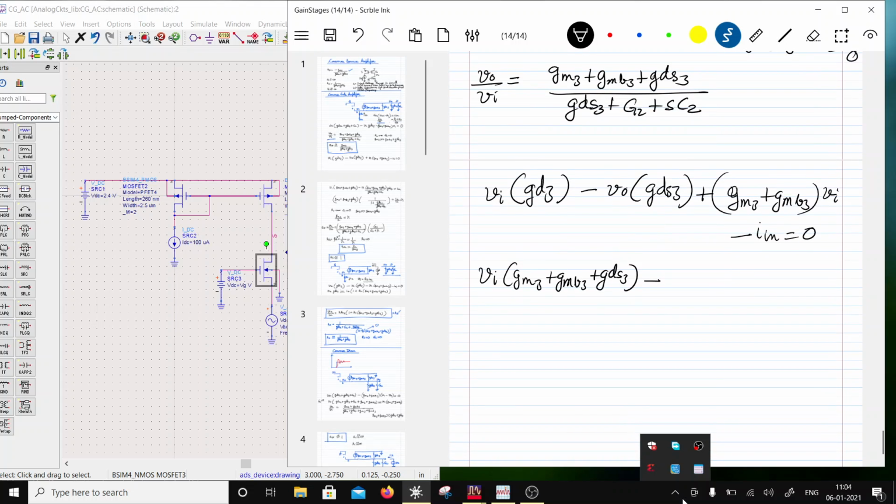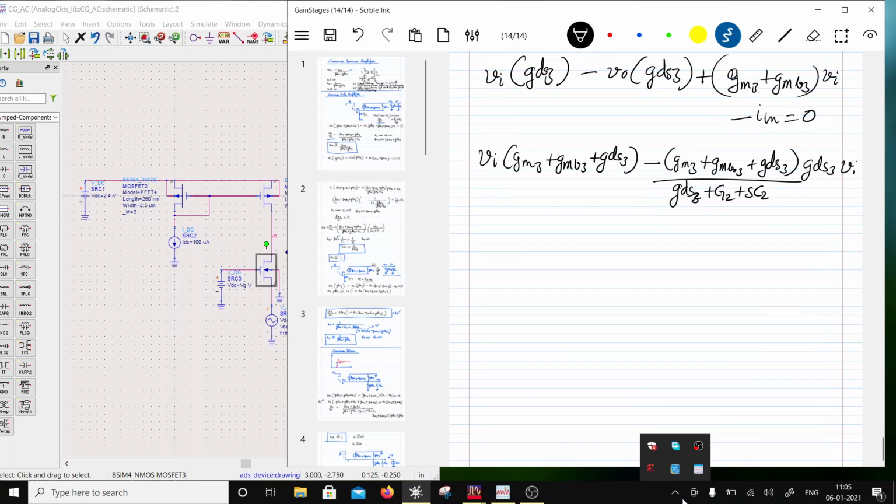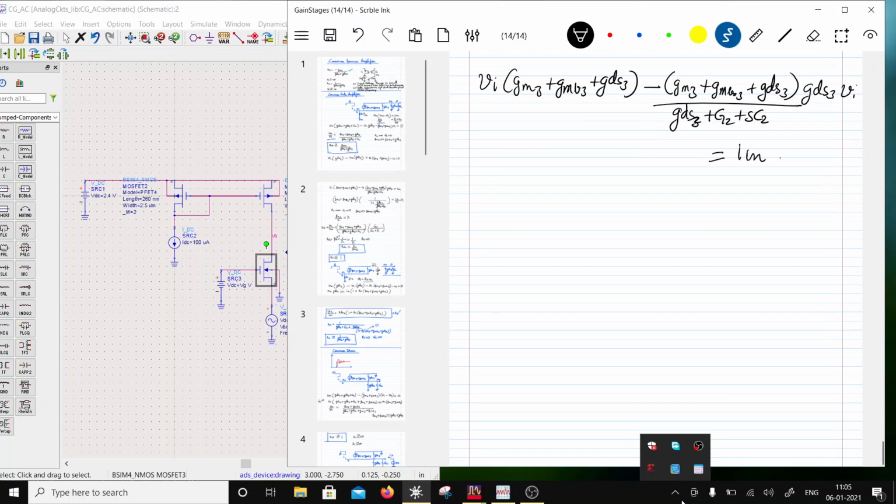Now VO is again this same term here, GM3 plus GMB3 plus GDS3, divided by GDS3 plus G2 plus SC2, times GDS3, times VI. Okay, so this is there. Now the other side is going to be equal to IN. Let me just simplify these terms.